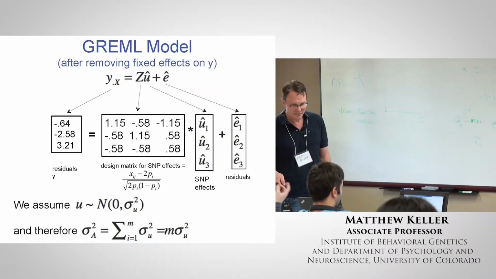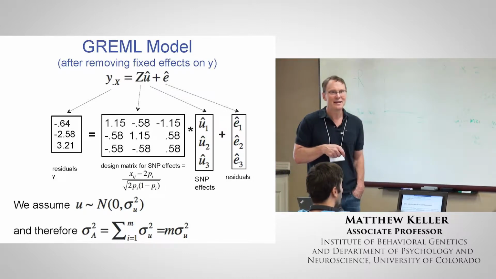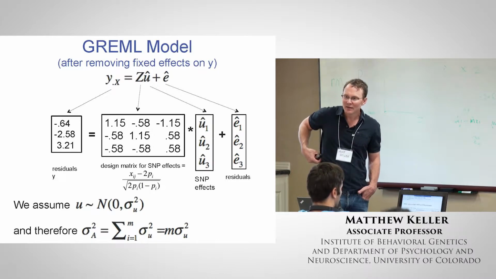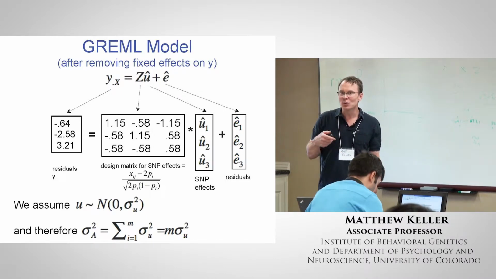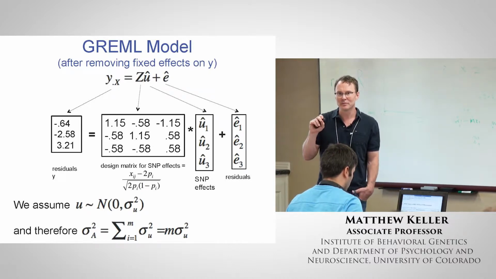We have here an n by 1, so if we take an n by 1 times a 1 by n, we'll get an n by n matrix. That's the outer product of Y. Each one of those is going to be a product term between two individuals like we talked about before.